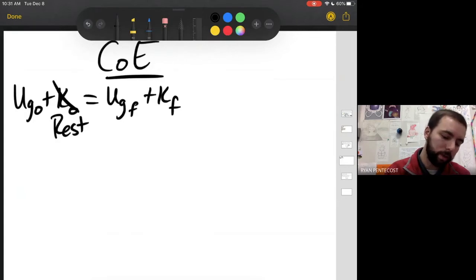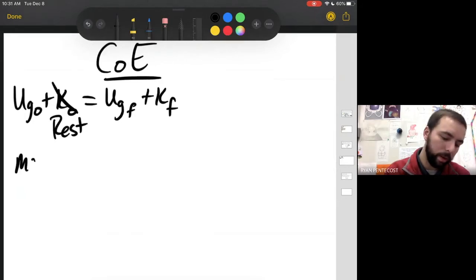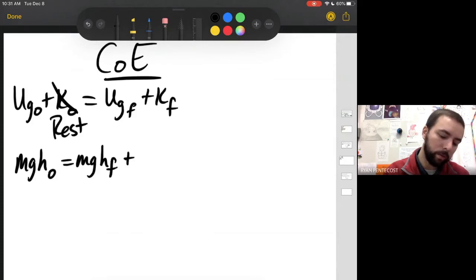So let's see, we have mg times h naught equals mg times h final plus 1/2 mv final squared. And remember, the whole point of this is to find v squared. So let's solve for v squared. We can get rid of the masses.